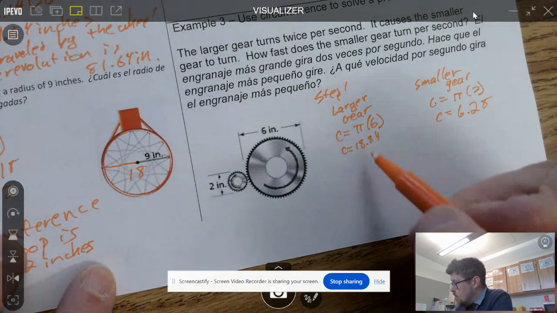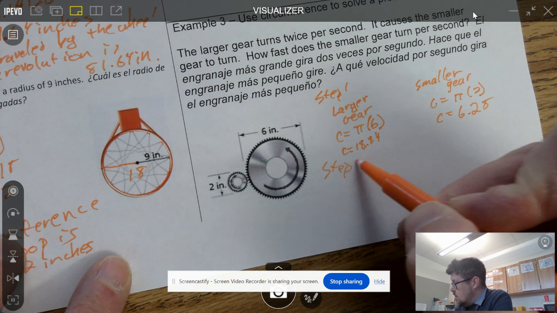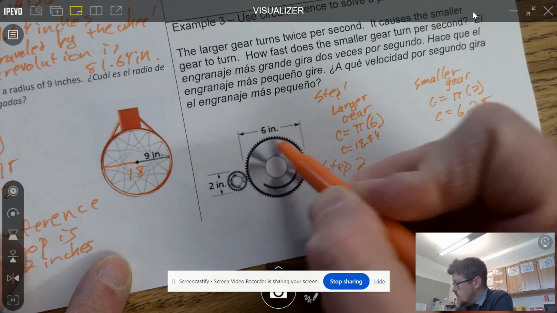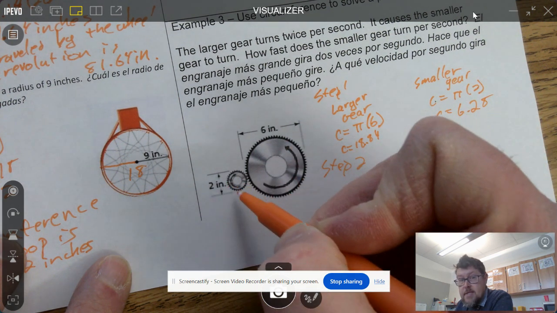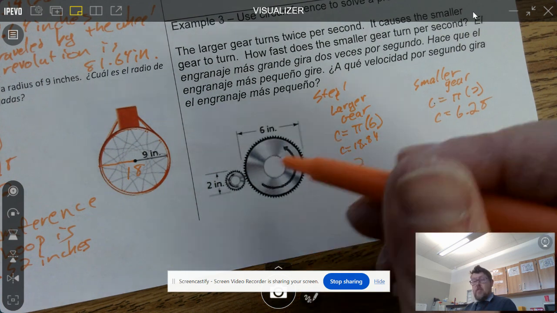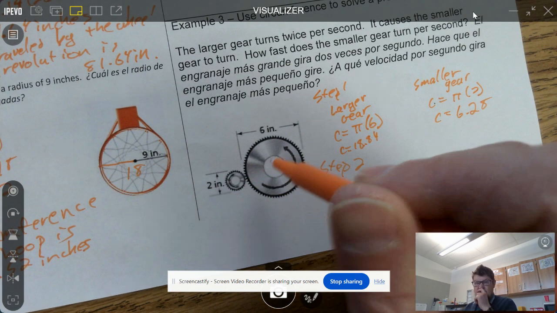And so now for step 2, we're going to divide this circumference by that circumference. So this distance around divided by this distance around. And this is basically finding how much bigger this gear is than this gear, or how much smaller this gear is than this gear, right?